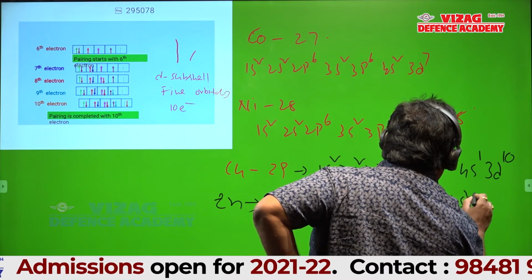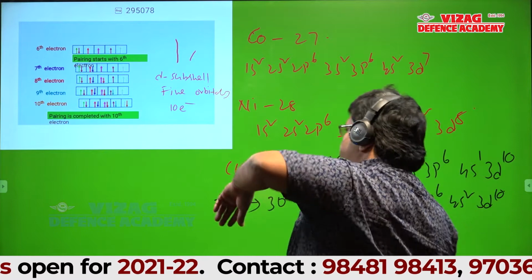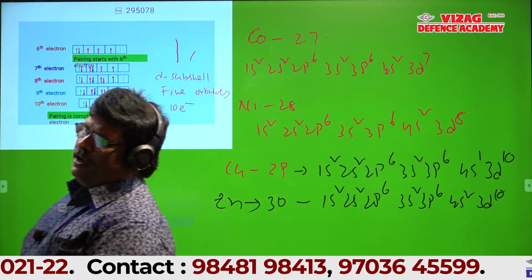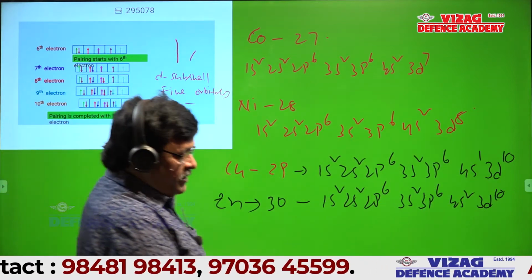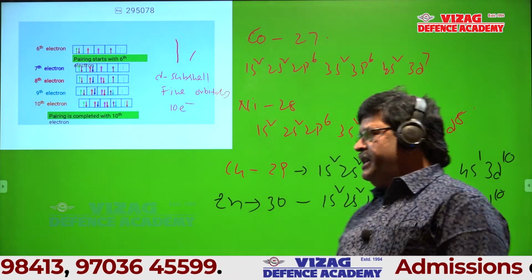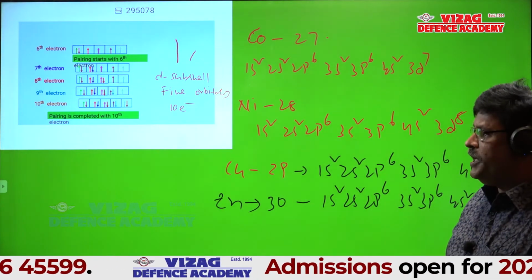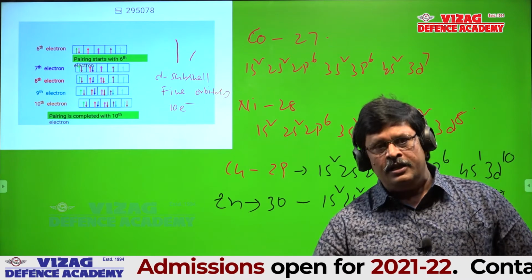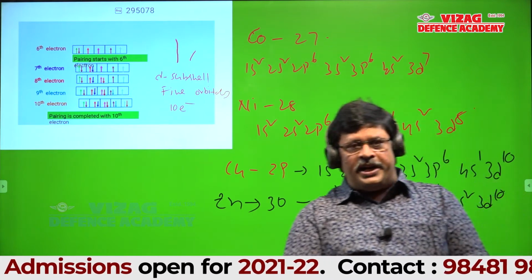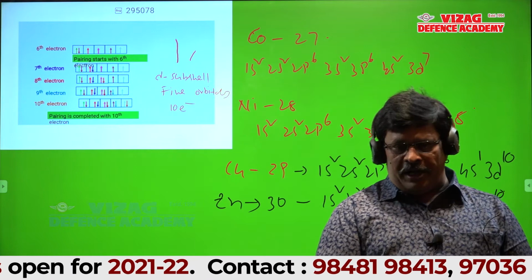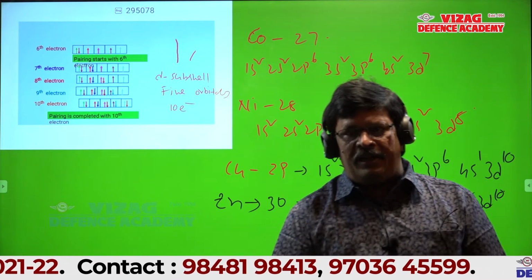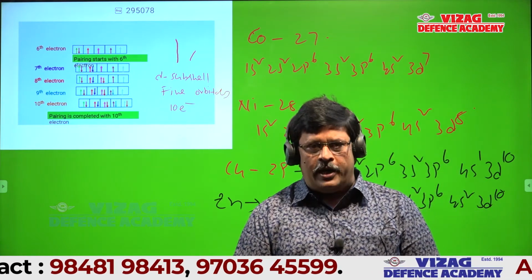So, these are the electronic configurations of the first 30 elements in NLX notation, because in your CBSE 10th class you all studied the electronic configurations in the 2, 8, 18 model.